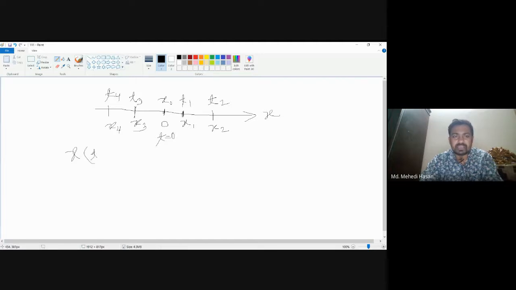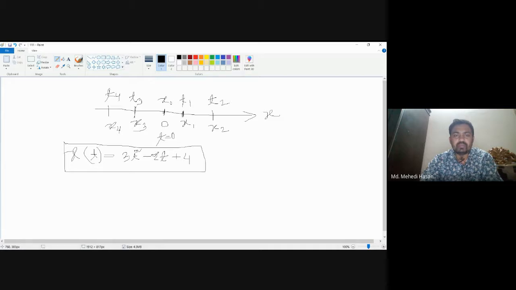That means x(t), which represents the position of an object, can be written as, say, 3t square minus 2t plus 4. This equation, x equal to 3t square minus 2t plus 4, describes the motion of an object, the position of an object at any time t.